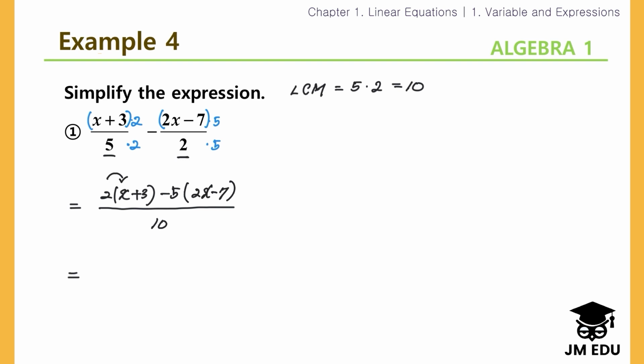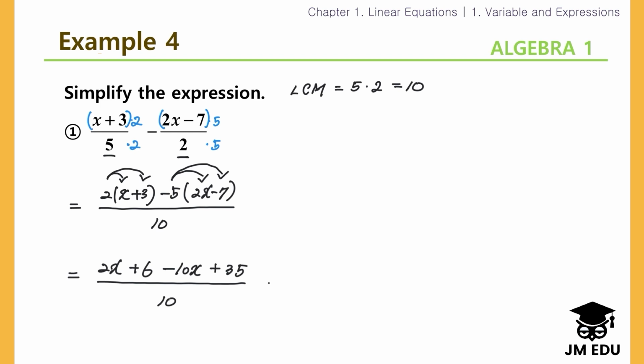So 2 times x, that's 2x. 2 times 3, that's plus 6. Minus 5 times 2x, minus 10x. Minus 5 times minus 7. Negative times negative gives us positive. And that's 5 times 7, 35, right? Over the denominator 10. So far so good.